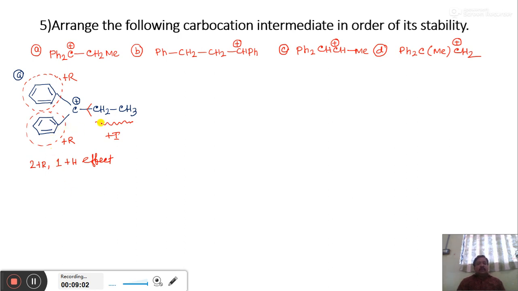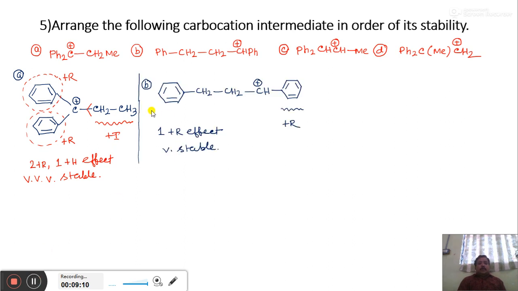Here a very weak plus I effect is also present. So this carbocation is a very stable carbocation. Carbocation B is a 2-degree carbocation. Here the C plus carbon is attached with a phenyl ring, and this phenyl ring shows plus R effect.